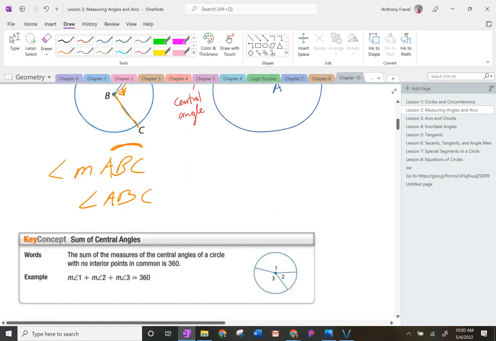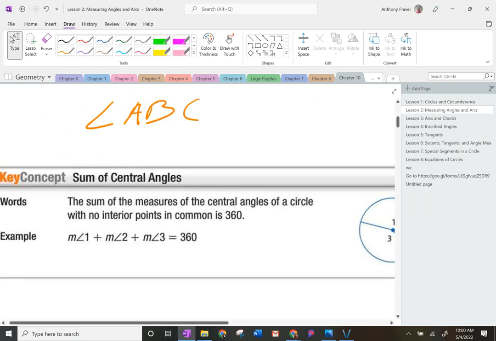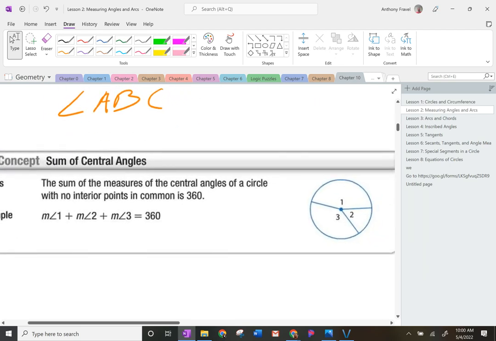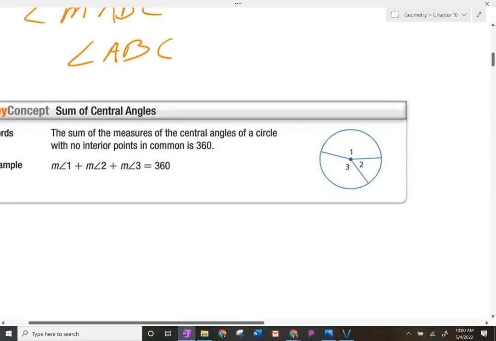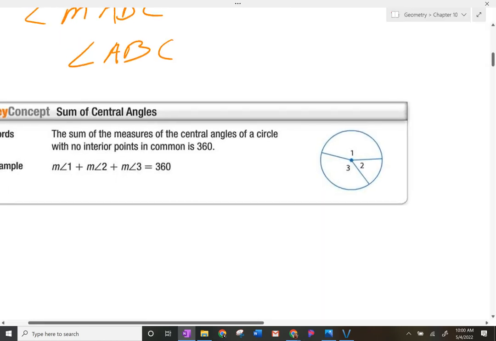Okay, we already talked about it before, and again, it's not limited to just 3 angles. But what it's saying is that the sum of every single angle, it could be 2 angles, it could be 3 angles, it could be 10 angles, the sum of all of these angles added together is always going to equal 360 degrees. So a circle like that is going to equal 360 degrees.